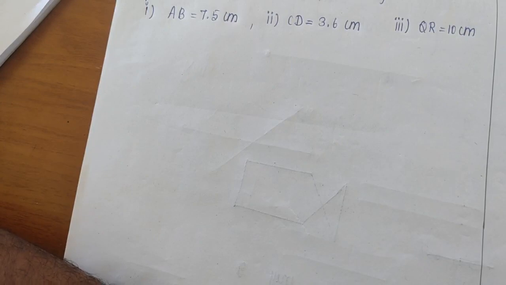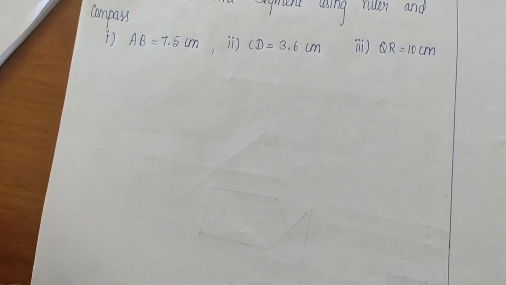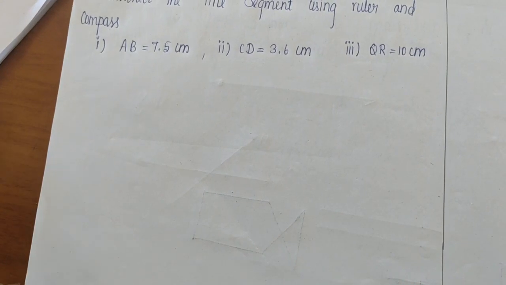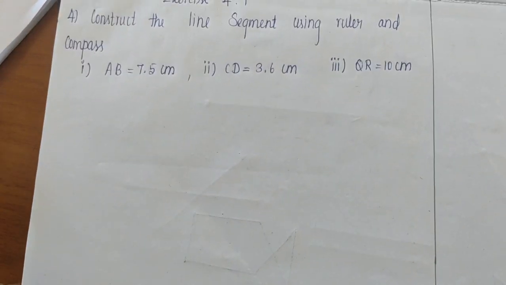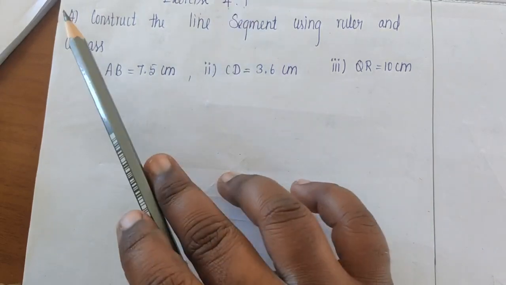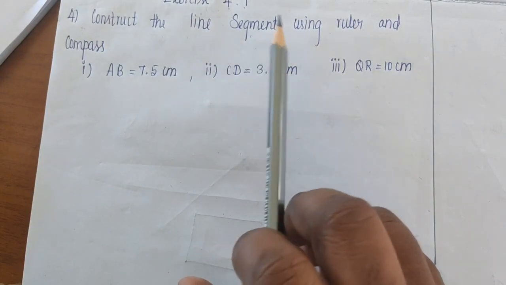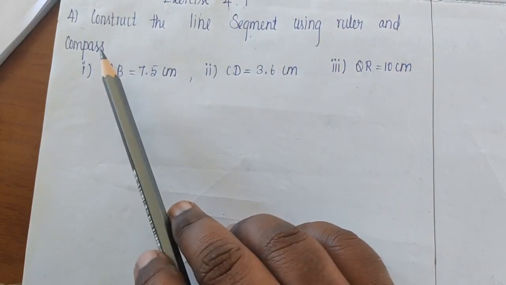Okay students, exercise 4.1. Turn to page number 71. Fourth problem. Construct the line segment using ruler and compass.